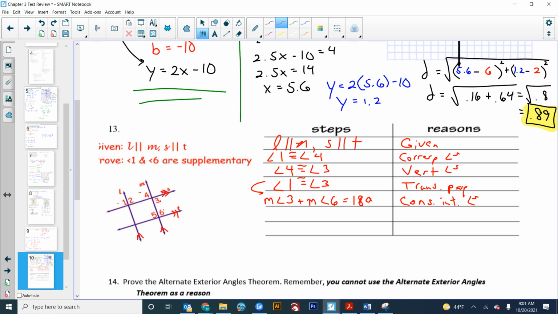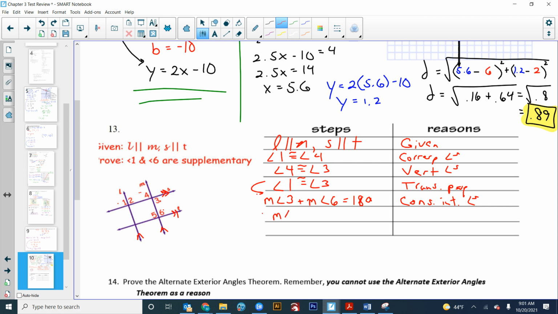And here's what I was going to say. I wrote this as my next step. And then now I realize, from a student standpoint, I'd really like for them to say 1 plus 6 equals 180. If I want to substitute a 1 in there, I need to have said measure of angle 1 equals the measure of angle 3 so I can substitute. And so either here or here is fine.